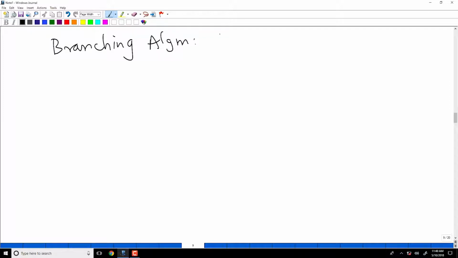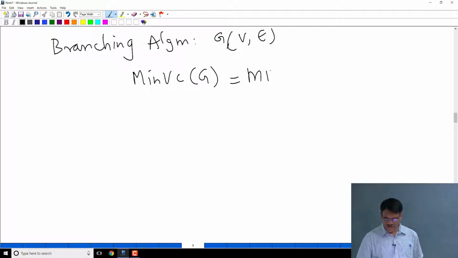So, here you have G and you want to find the minimum vertex cover. So, here is my min vertex cover of G. I am going to write a very simple recursive thing and let us figure this out.